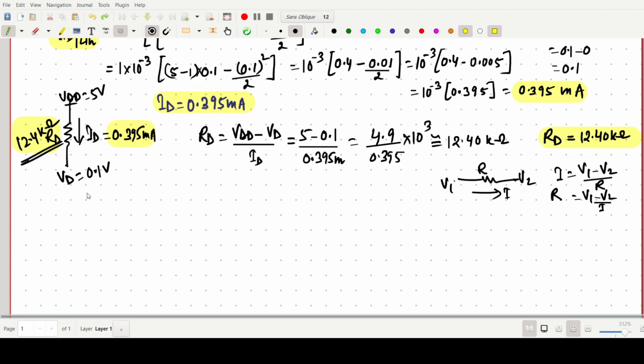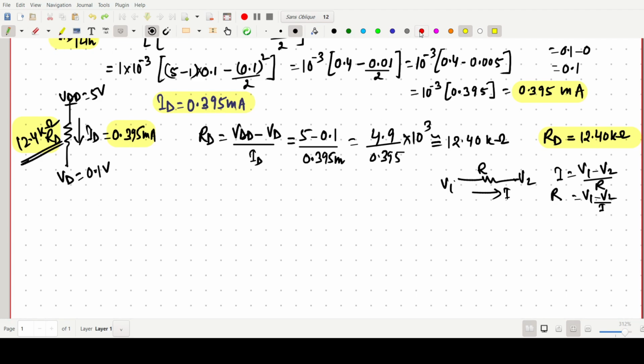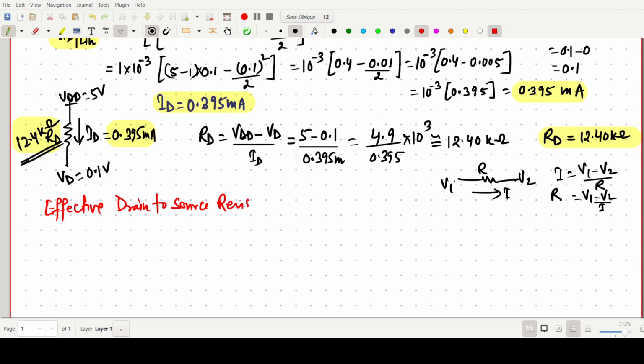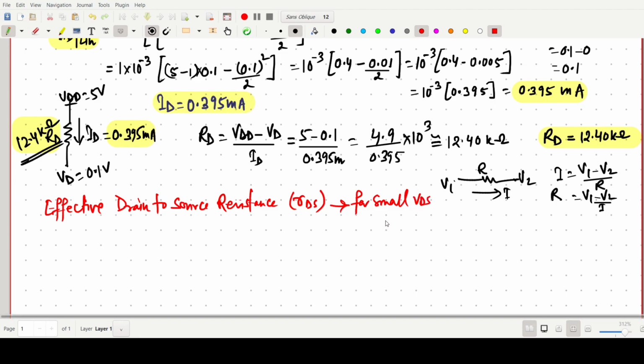This RDS value, better to write effective drain to source resistance, that is our RDS. Okay, this is for a small VDS, that is, simply VDS is our 0.1 volt.